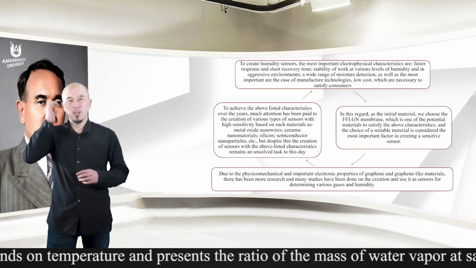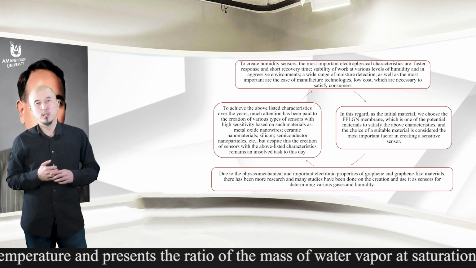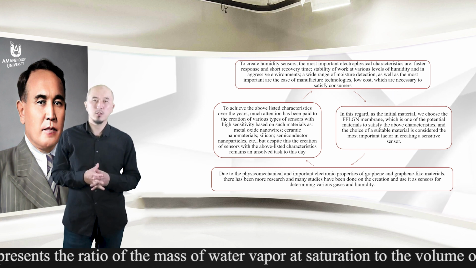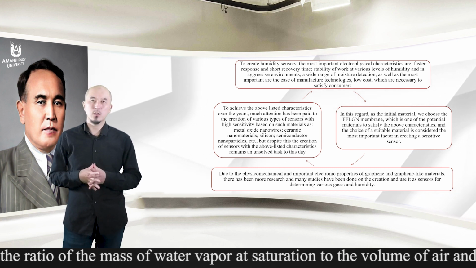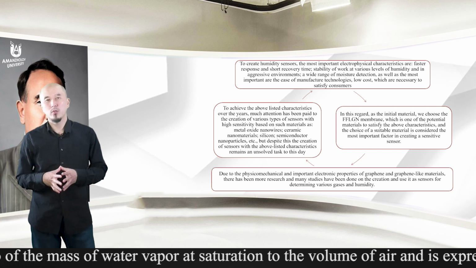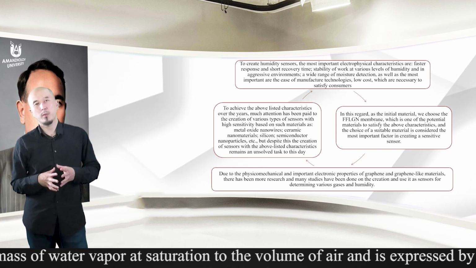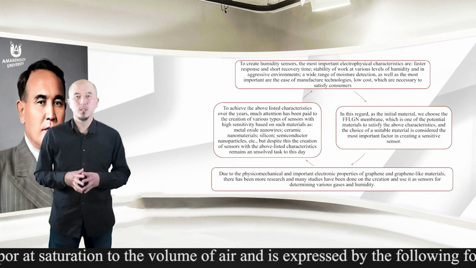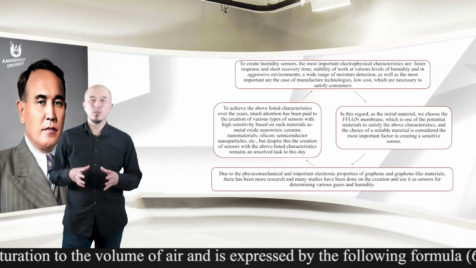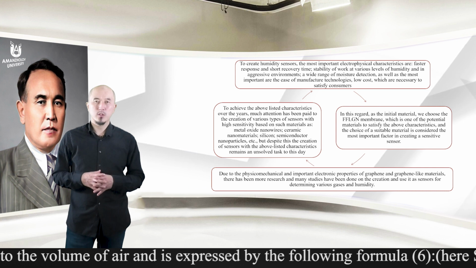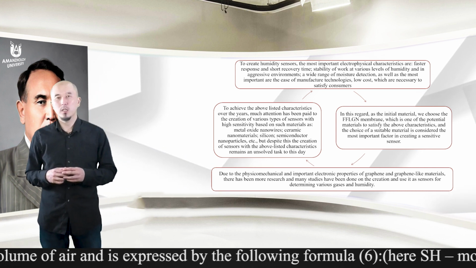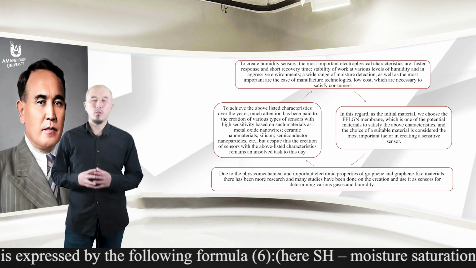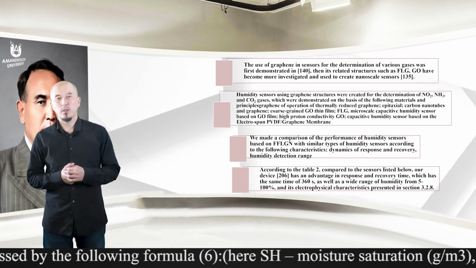Table two shows characteristics of humidity sensors based on graphene and its related structures from the above listed works, which, due to physical mechanical properties, have found potential practical applications as humidity sensors, and today are considered promising materials in electronics and technology, in particular for the creation of sensitive elements.